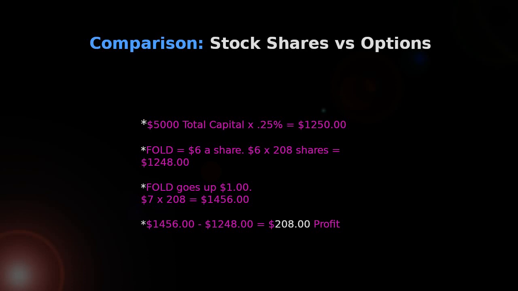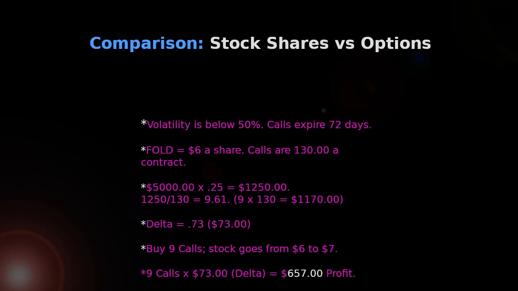And if FOLD rose $1 to $7 a share and you sold the 208 shares, your profit would be $1,456 minus $1,248, which equals $208.